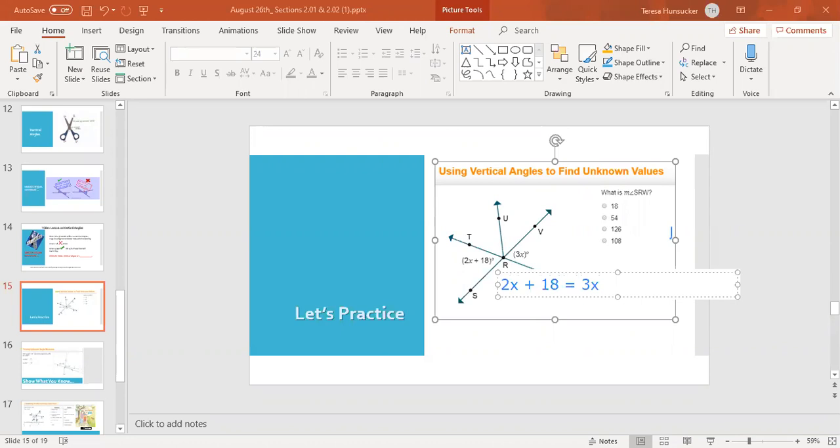In solving, we can subtract 2x from both sides, so we'll get 18 equals x.